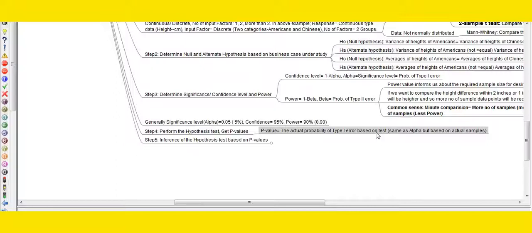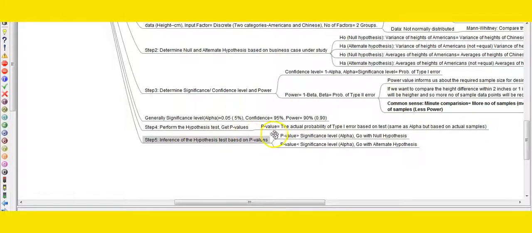If you are doing the hypothesis test in Minitab, the testing result will give me a p-value, and this p-value is the deciding factor for the result. So we use the p-value to make an inference from the hypothesis testing.